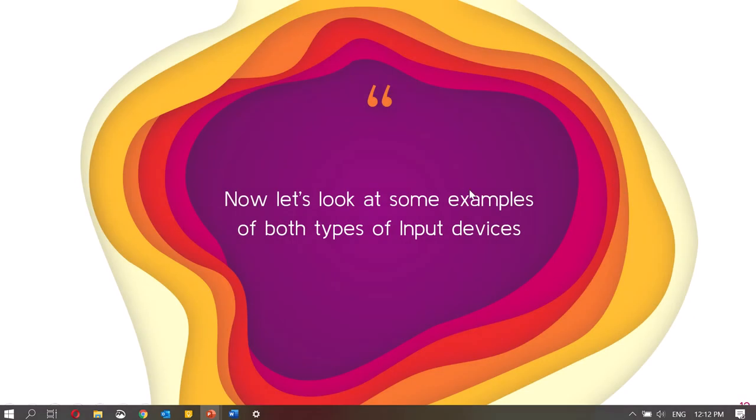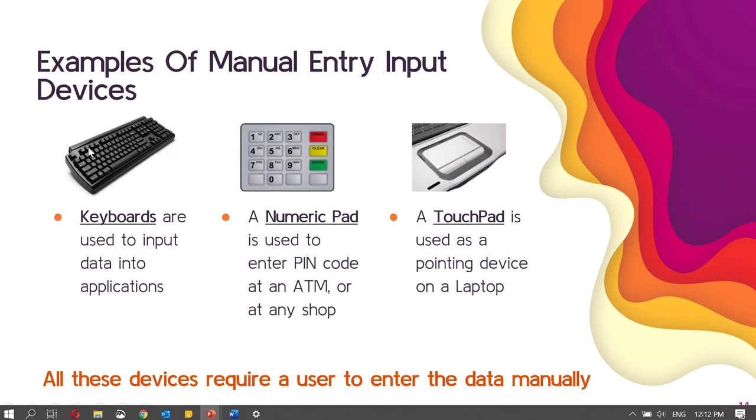Let's look at some examples of both so that this is clear for you. A keyboard is an example of a manual entry input device. Why? Because you, as a user, are entering the input into the computer manually. And we know that a keyboard is used to enter any kind of data into an application, which consists of text, numbers, and so on.